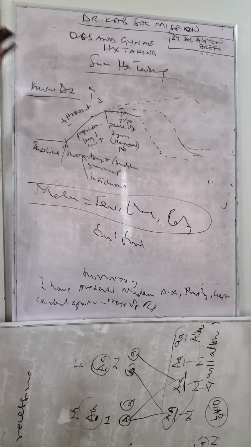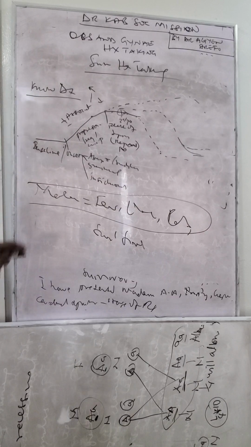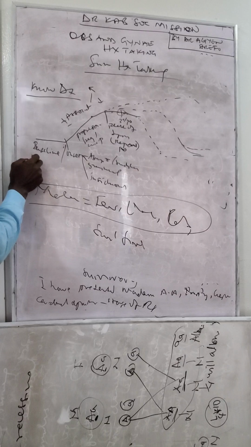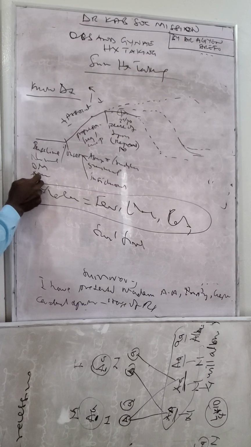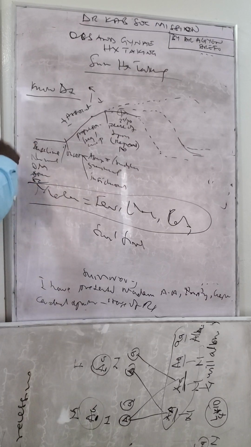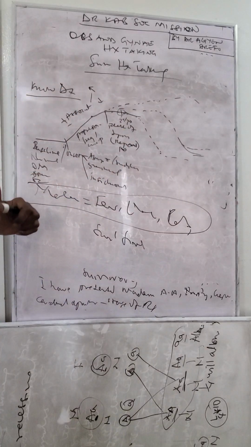In surgery the same thing, in internal medicine the same thing, in pediatrics the same thing, in obstetrics the same thing. Always have this picture. The baseline can be normal, that is nothing. Or you can have a particular condition like diabetes, asthma, sickle cell, so those ones you talk about. Once you have this picture, you will always be able to give a very good history.